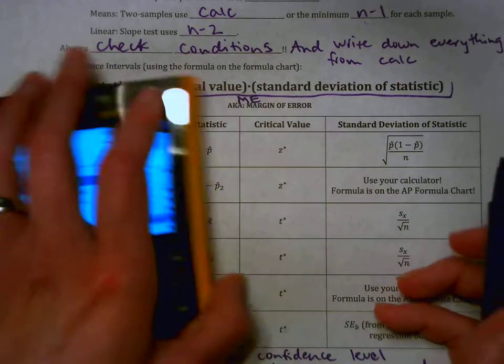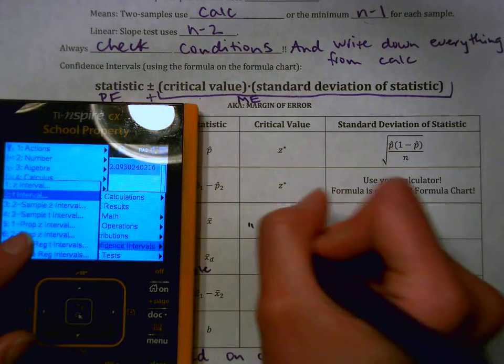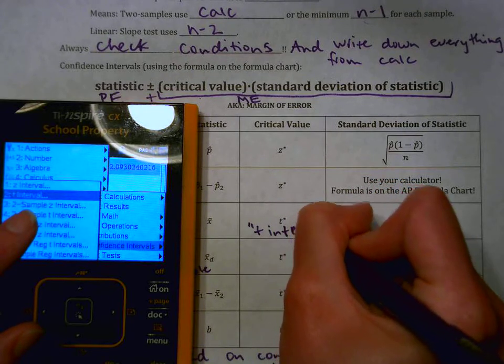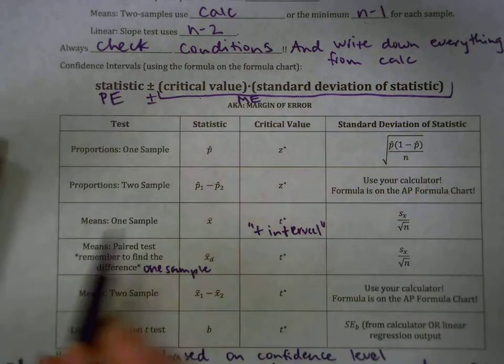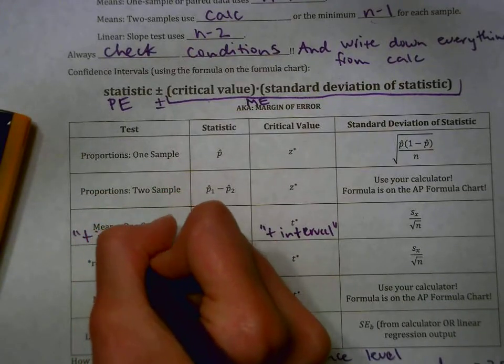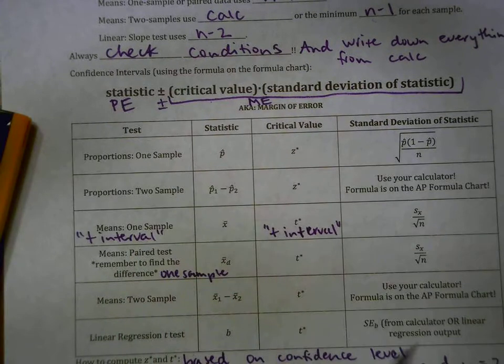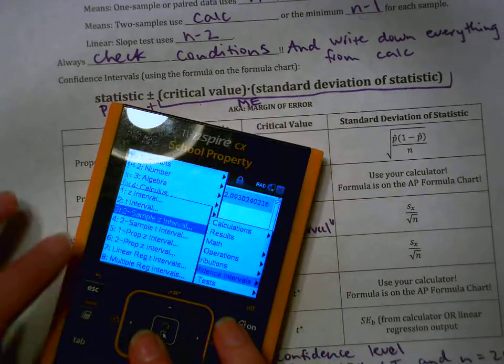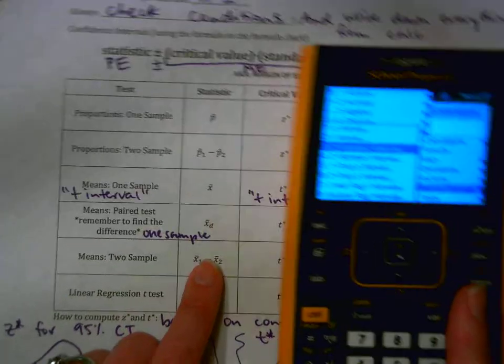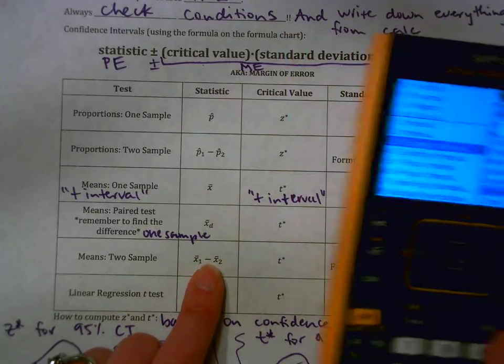Maybe I'll write down what these are in the calculator. This would be T interval. Two samples Z interval, again you shouldn't be using. That would be if it's two samples and you're doing mean but you know the population standard deviations.